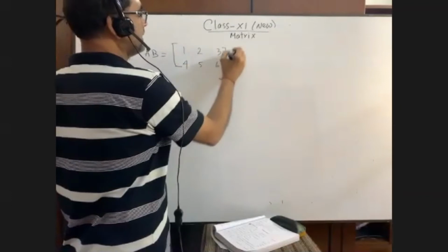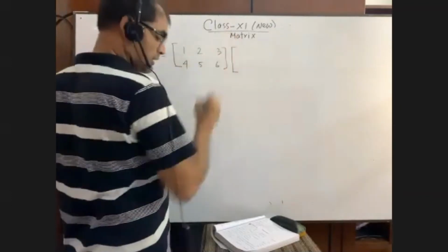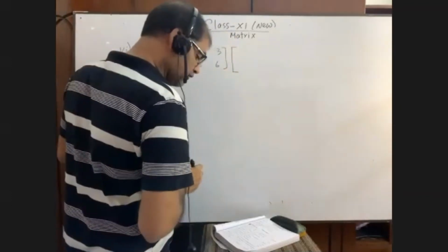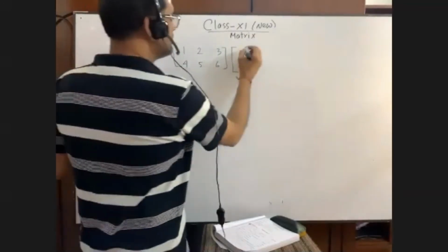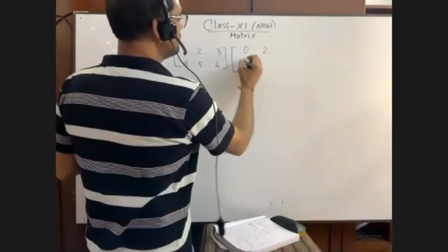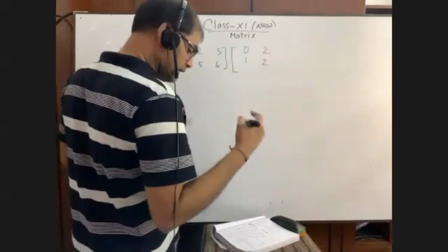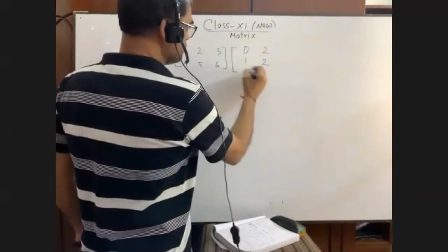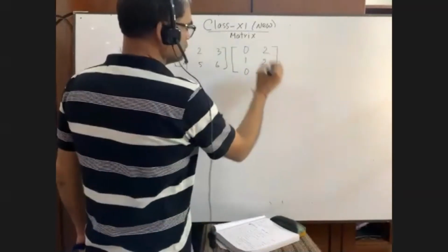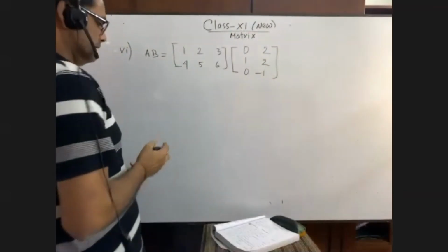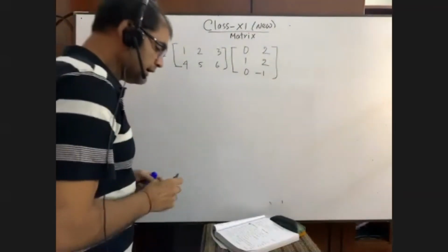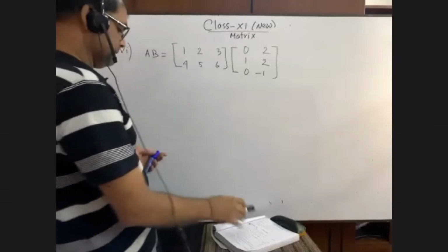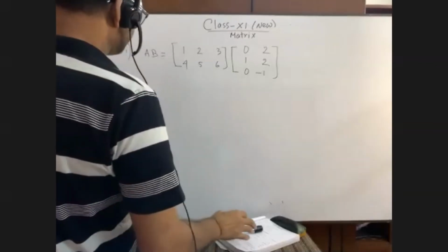This is A. And this is B. B is given in this question: 0, 1, 0, 2, 1, 2, 0, 1, 0, 2, 0, minus 1. Find AB and BA. And show that AB is not equal to BA.